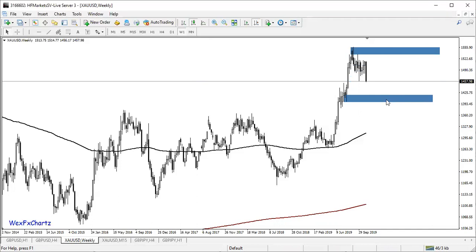So we look at our supply demand zone. So this is our supply zone, and this is our demand zone on the weekly time frame. We have a minor zone here, which currently price has dipped into.